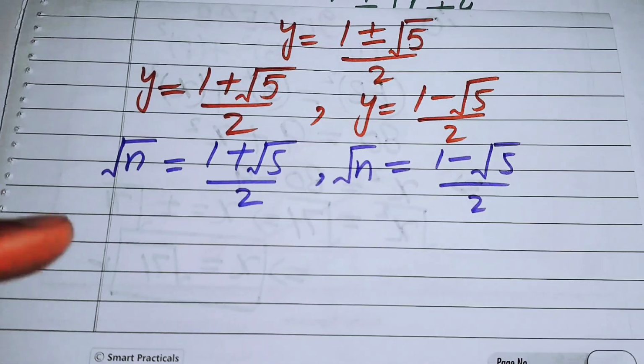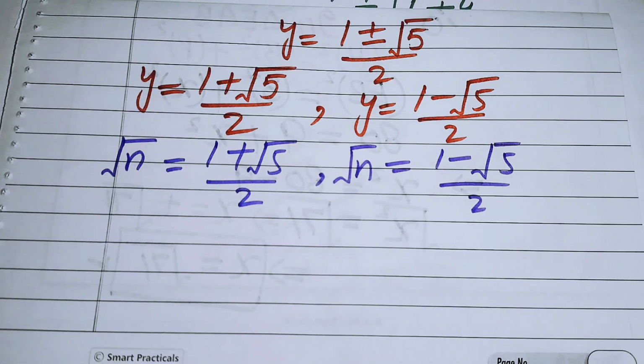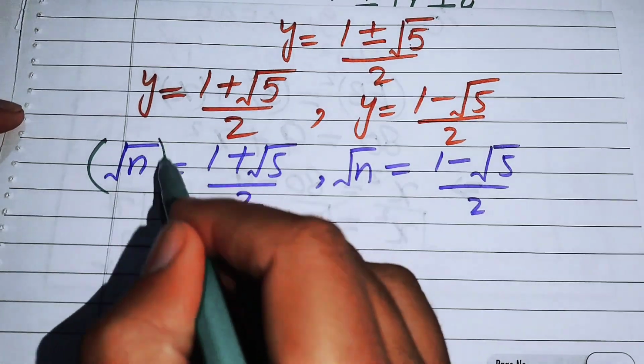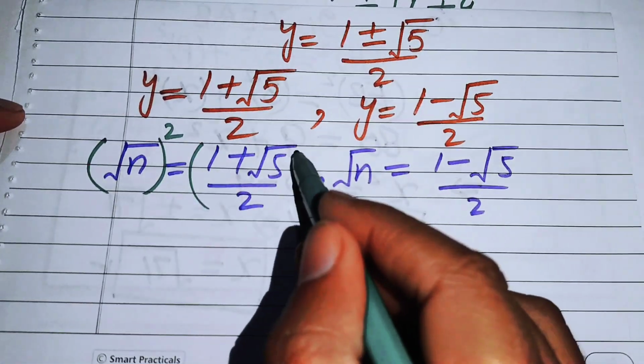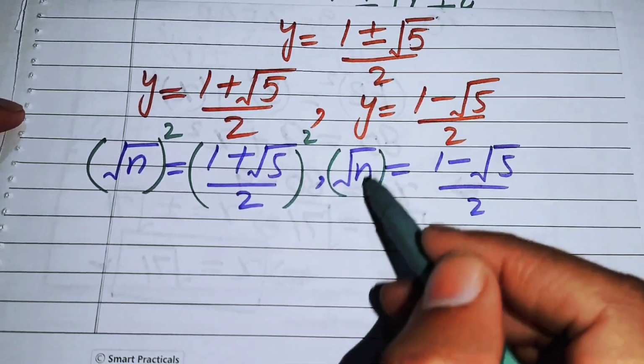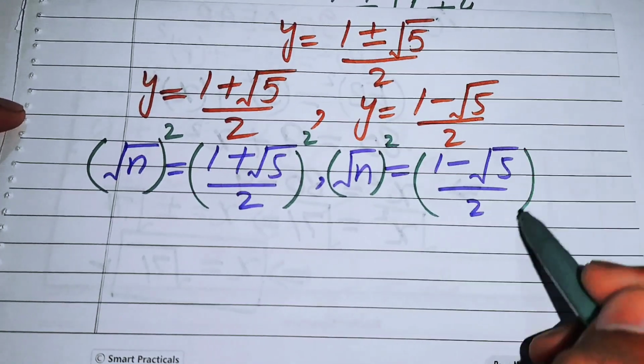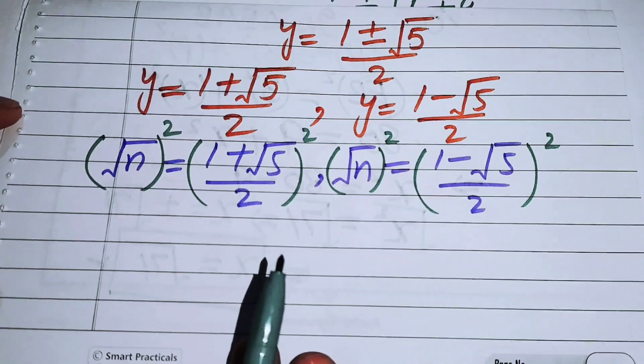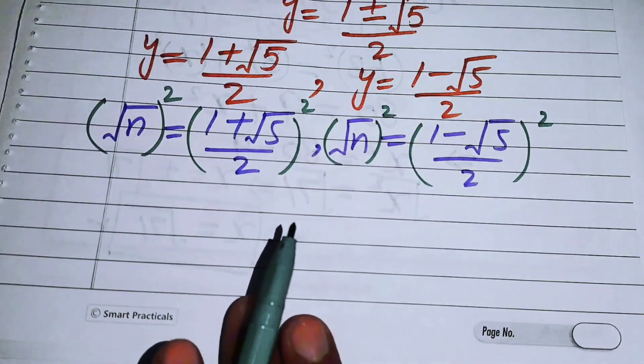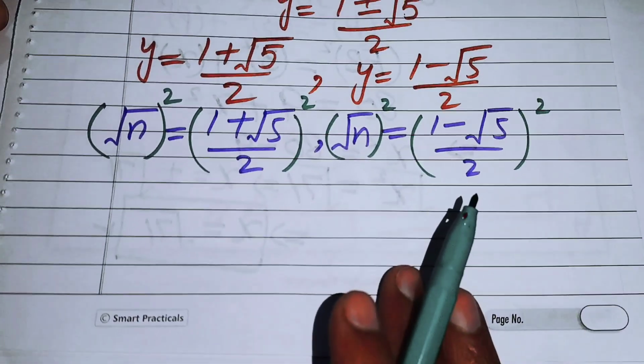So in the next step, in order to find the values of n, we need to take the square on both sides. So here we take the square, and similarly here you take the square. So we now open these two squares and we get the values of n.